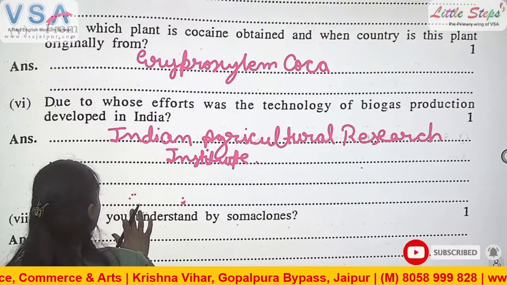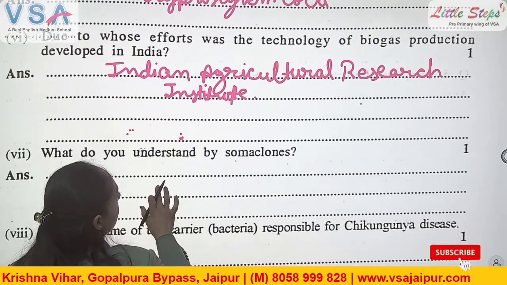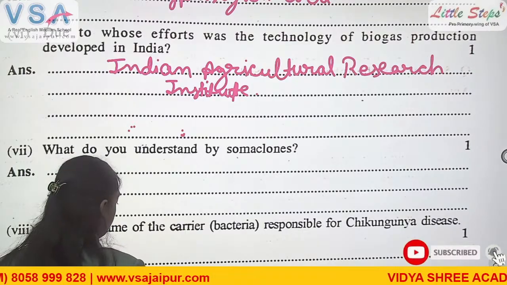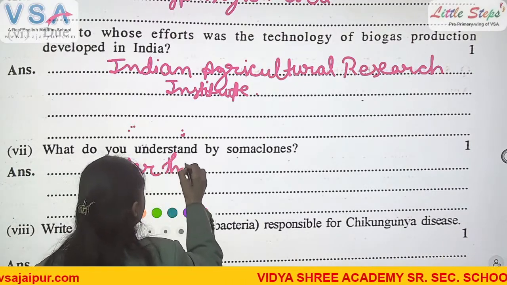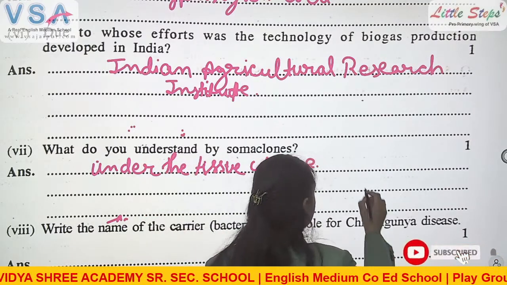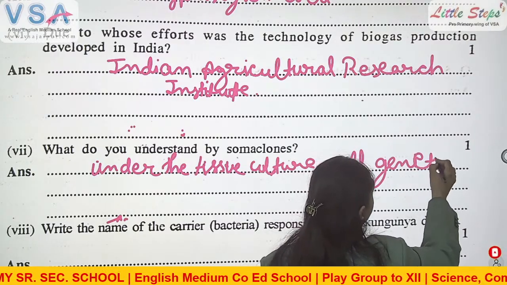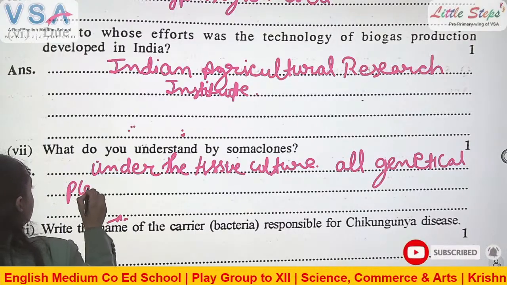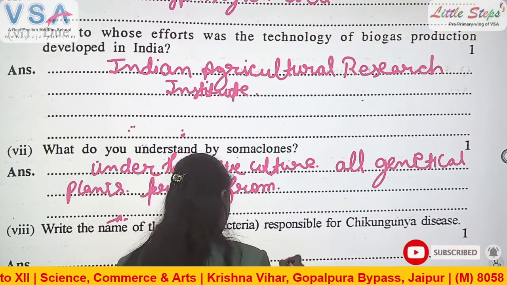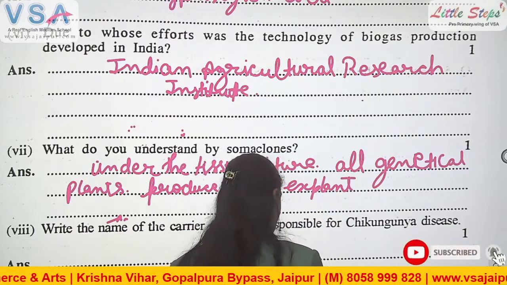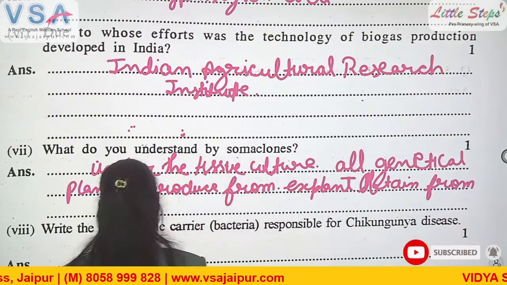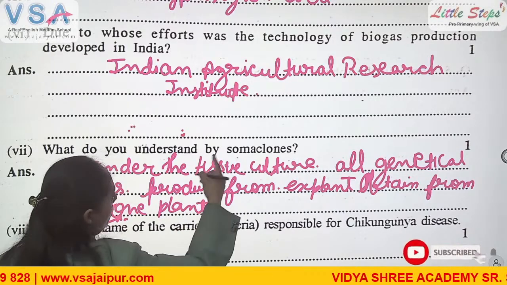Okay, now the next is, what do you understand by somaclones? So this somaclones is under tissue culture, okay. And genetically identical plants, all the genetically identical plants produced from, obtained from one plant, this is called somaclones.